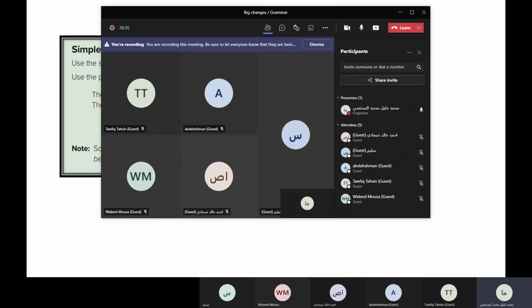When we say he has visited Mecca many times, do you know when it happened? No. Do you know when he visited Mecca? No. If you know when he visited Mecca, we have to use simple past. And here we know that he visited Mecca last week, so we use simple past.